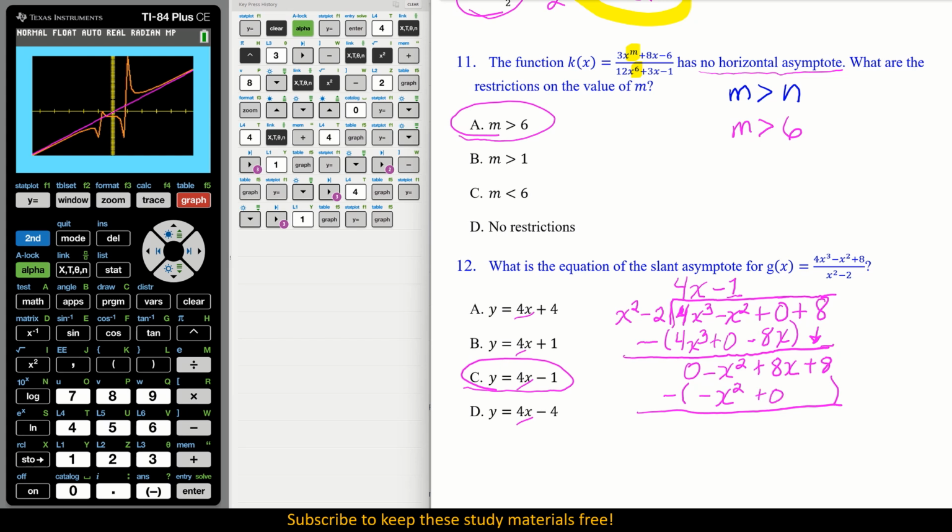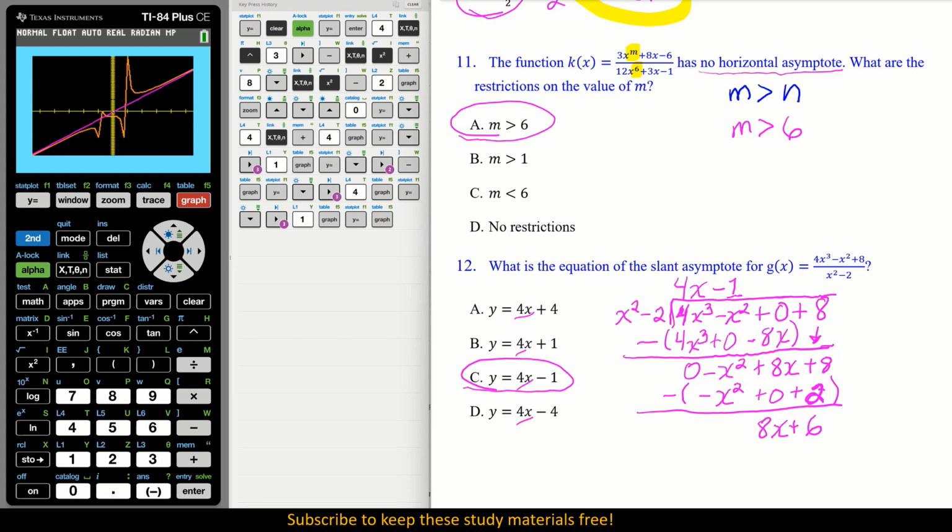So this will be a 0 here, and then we get a plus 2, plus 2. Okay, so let's subtract this out. Well, the first one, that's 0. And then we have plus 8 minus 0, so that's 8x. And then 8 minus 2 is plus 6. And that's our actual remainder that we should get.